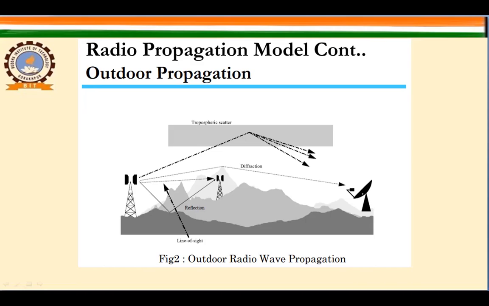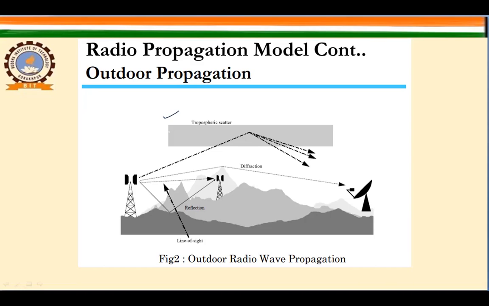A layer from around 50 to 400 kilometers is known as the ionization layer or region. The tropospheric region, near the Earth's surface, scatters the transmitted waves.